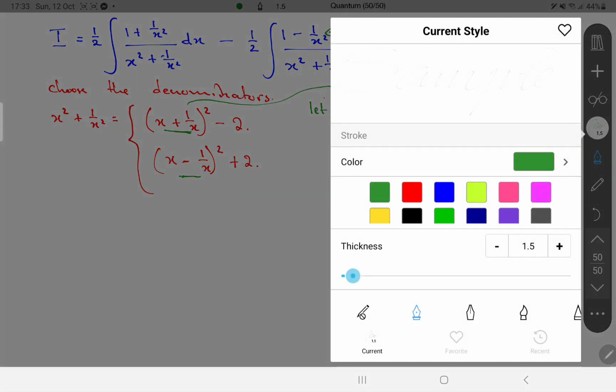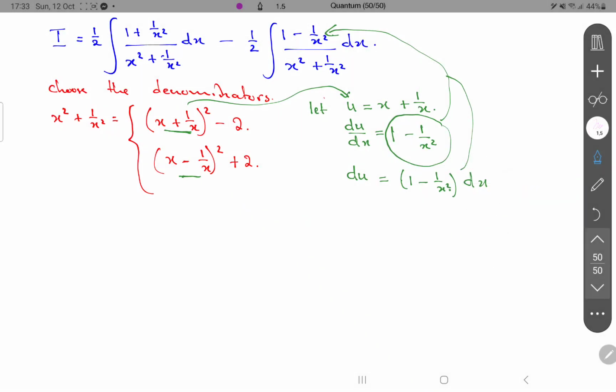The other part is, if we choose this part here, we say let u be equal to x minus 1 over x. So du over dx is equal to 1 plus 1 over x squared, because we take it down. That is to say, du is equal to the bracket 1 plus 1 over x squared dx.